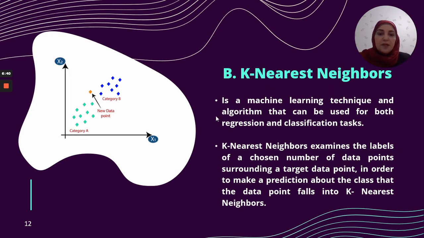K-nearest neighbors is a machine learning technique and algorithm that can be used for both regression and classification tasks. K-nearest neighbors examines the labels of a chosen number of data points surrounding a target data point in order to make a prediction about the class that the data point falls into, as we are showing in this figure.